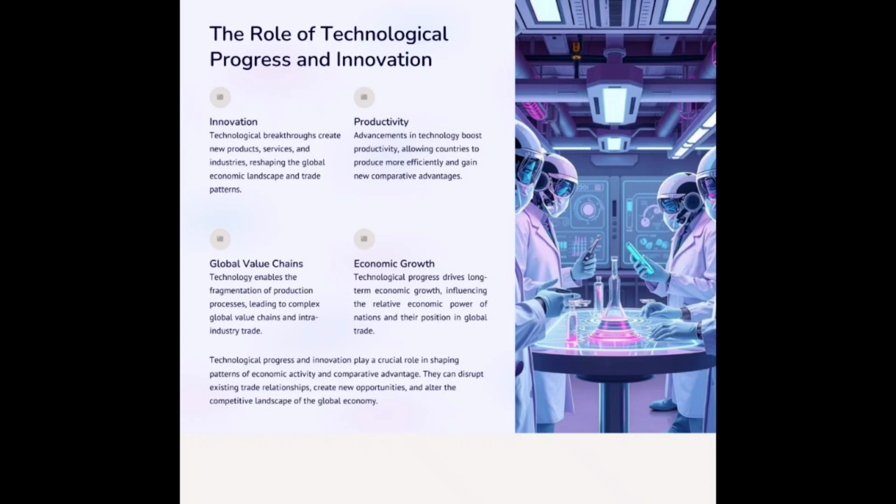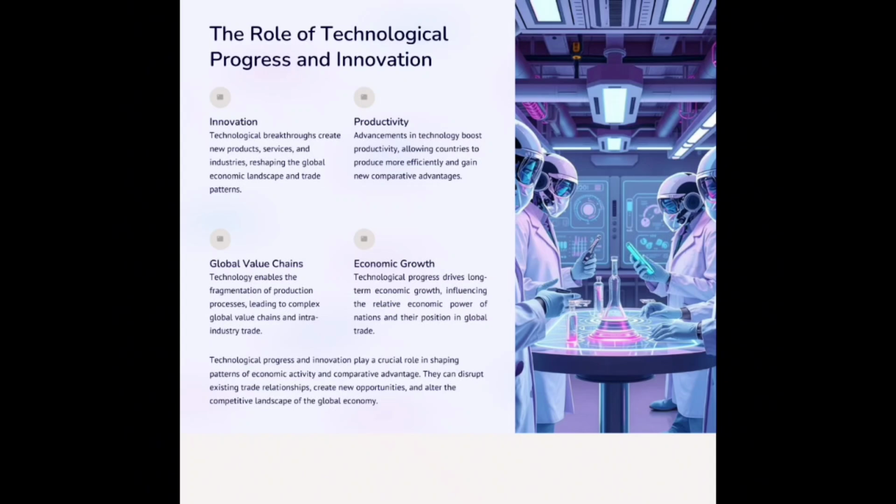Global value chains. Technology enables the fragmentation of production processes, leading to complex global value chains and intra-industry trade. Economic growth. Technological progress drives long-term economic growth, influencing the relative economic power of nations and their position in global trade.